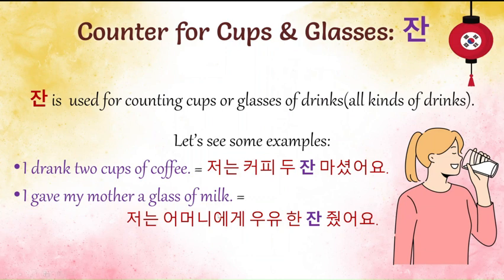Okay, I'm not going in deep right now. So you gave your mother something. So 에게 will be attached to your mother's name, 어머니. 어머니에게. Okay? Glass of milk. 우유 한 잔. 우유 is milk and 한 잔 is one glass. Okay? So this is how we use the counter 잔.